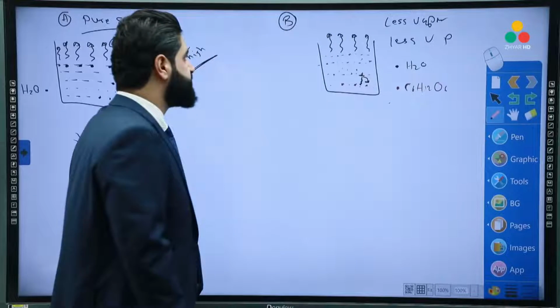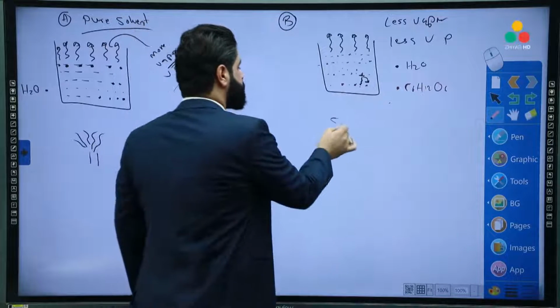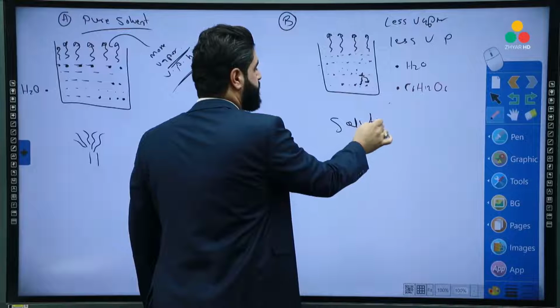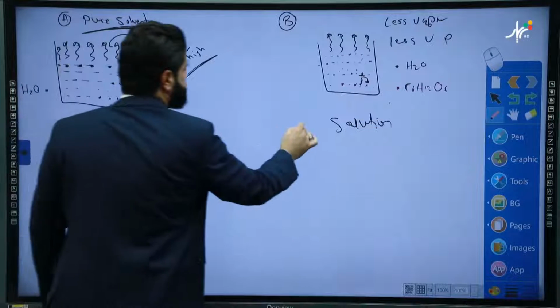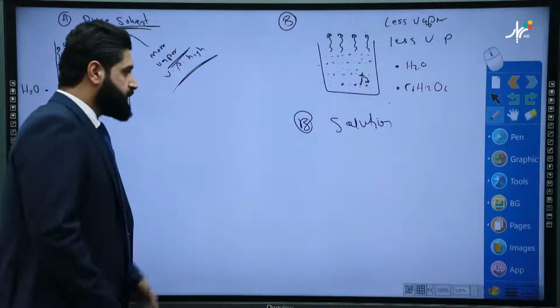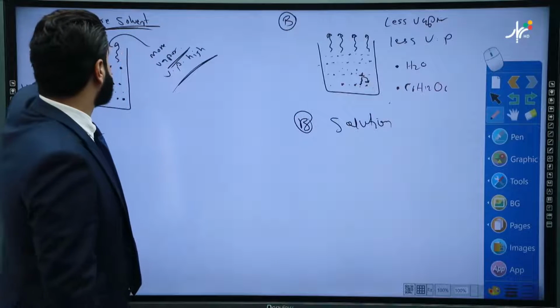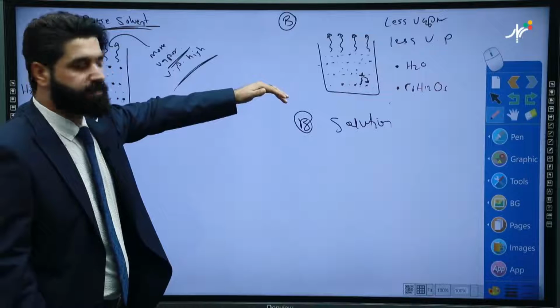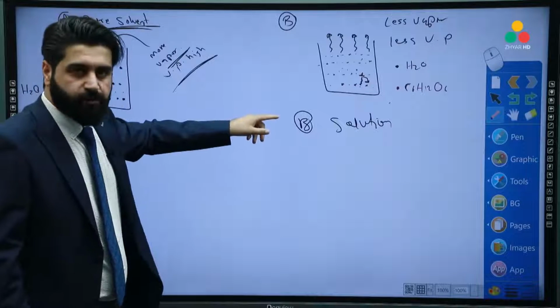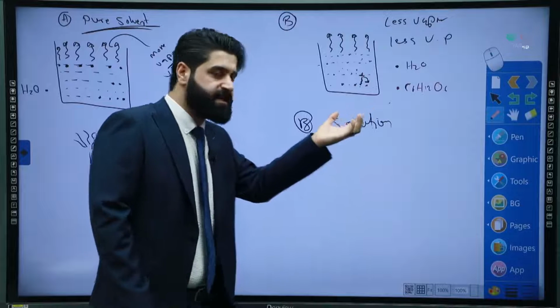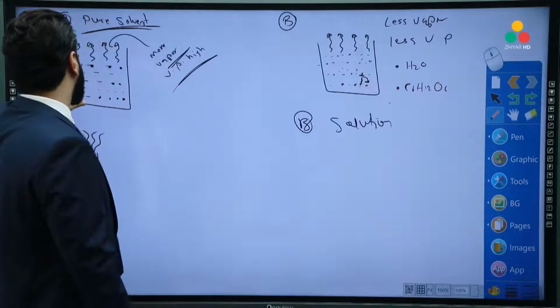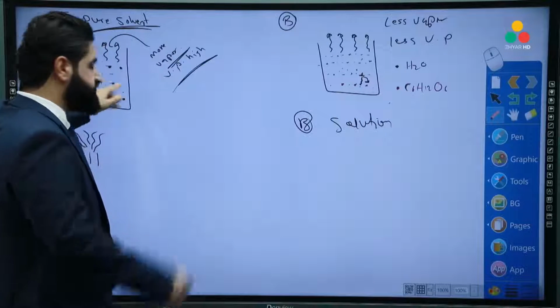And now we can say here we have a solution, but here is a pure solvent. Case A, case B. So the vapor pressure of a pure solvent is higher than the vapor pressure of a solution. Why? Because as much as solute particles increase, the relative number of solvent particles decreases.